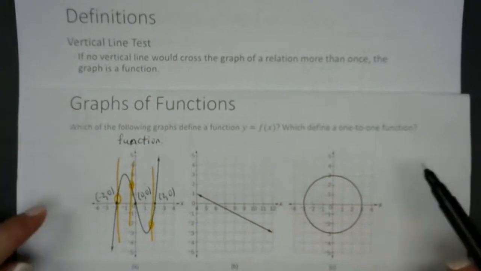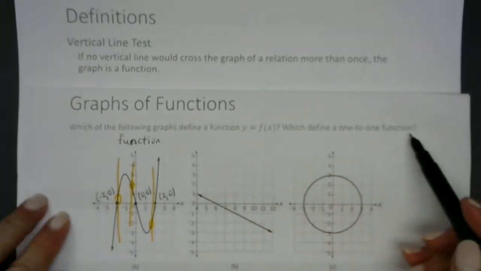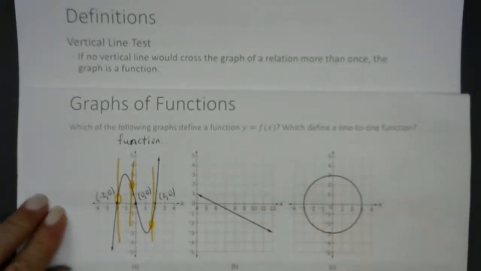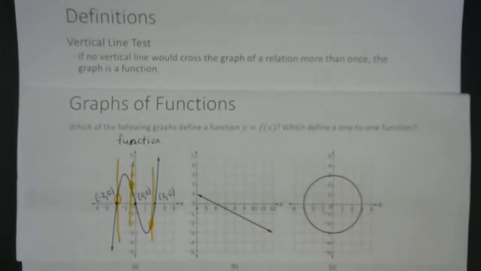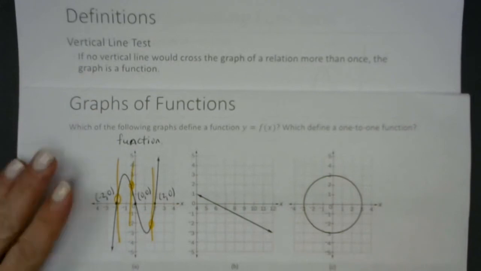How do I determine if this function is one-to-one? Well, the definition of a one-to-one function says that each x produces one y, or each input produces one output. We do usually refer to x's as inputs and y's as outputs, right? X is usually the independent variable, and y is usually the dependent variable, or the output variable.